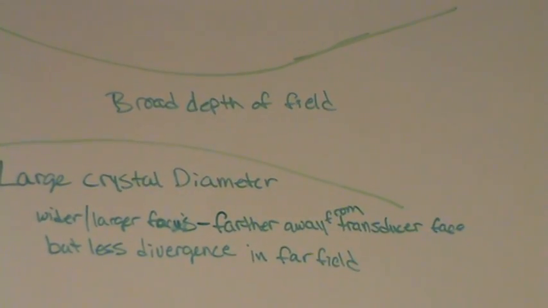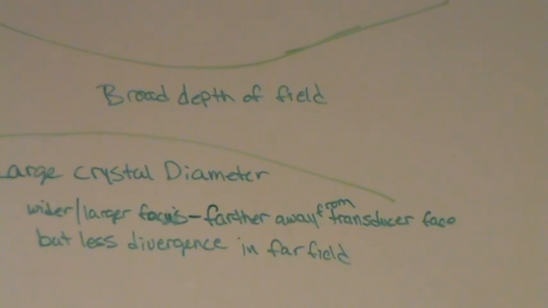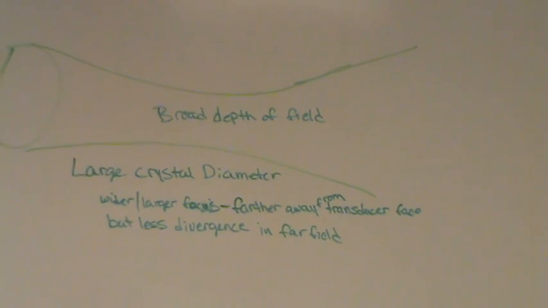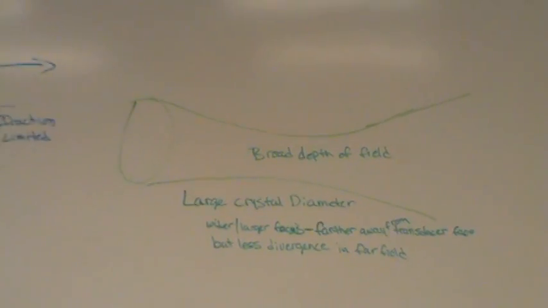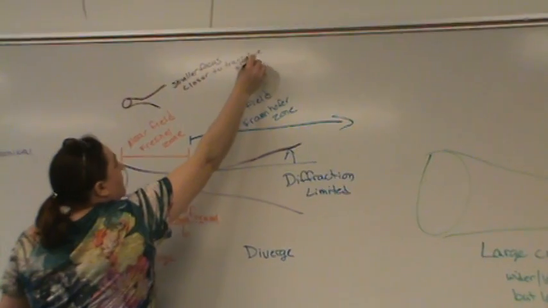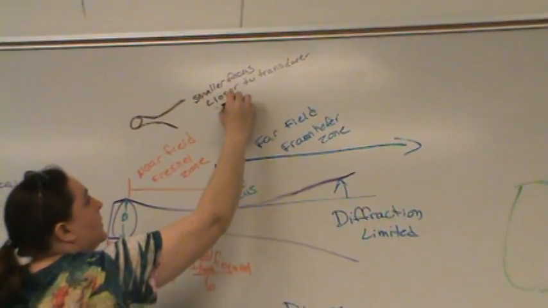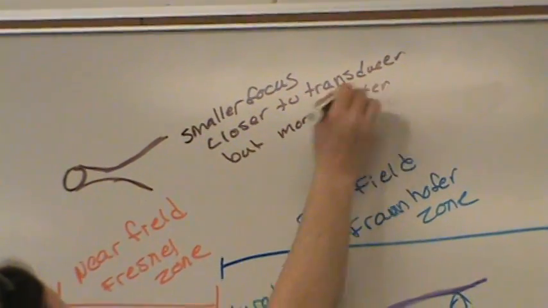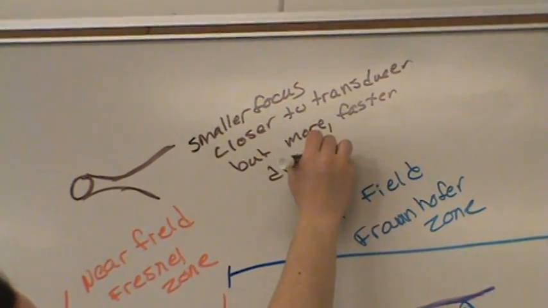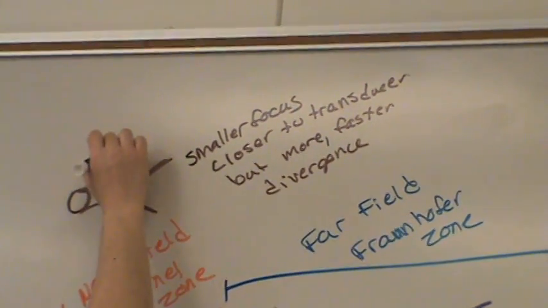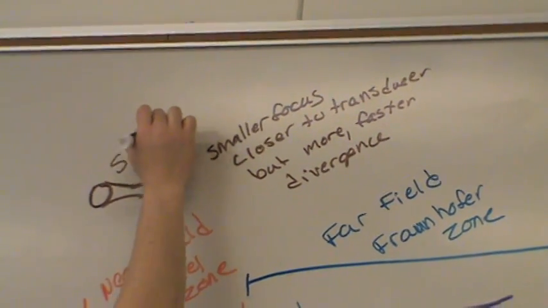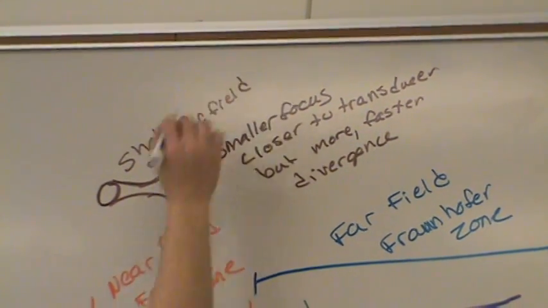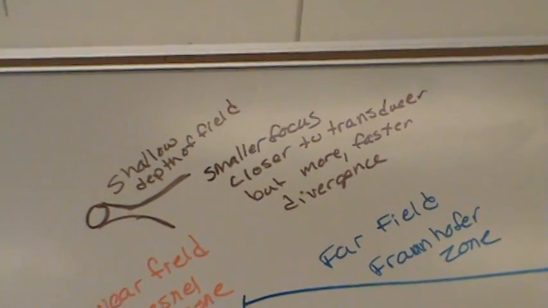We're going to have a smaller focus closer to the transducer, but more and faster divergence, which would be shallower. Which they refer to as shallow depth of field.